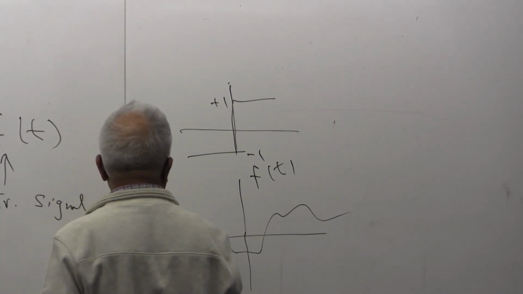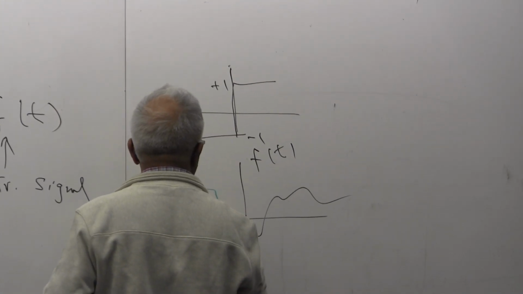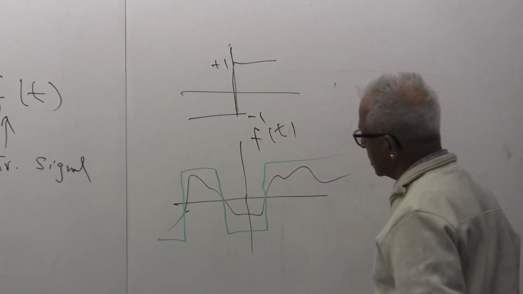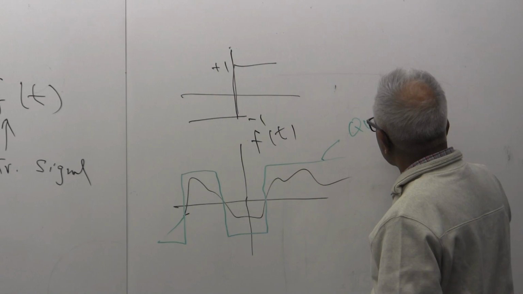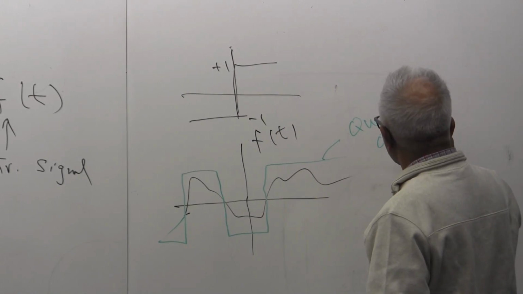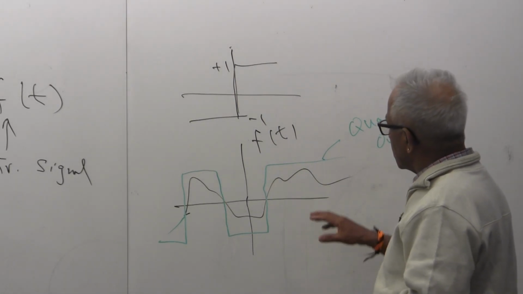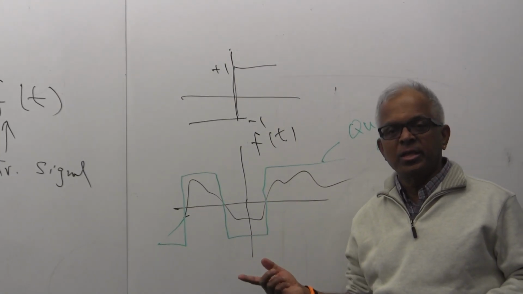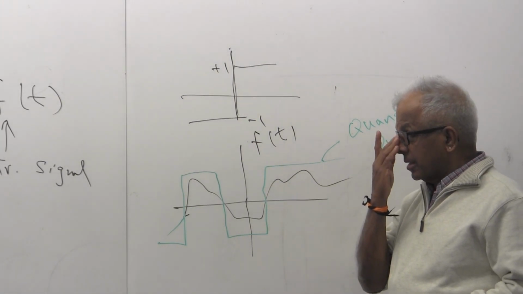So a two-step quantizer, I'll draw it in green. Like this, right? So this is the quantized output. The black is the original signal. So the quantized output is a crude representation of the original signal.